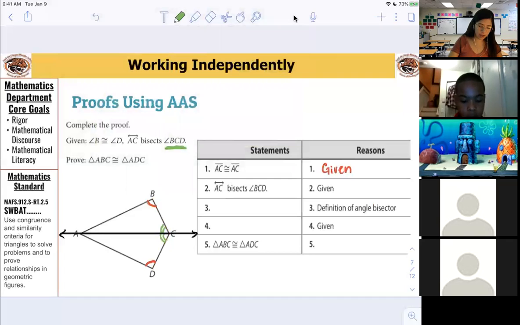Okay, I have this big angle. I'm talking like a child because this is much easier than everyone thinks it is. If I had that big angle and I cut it in half, what are the two halves of that big angle? BC and CD.